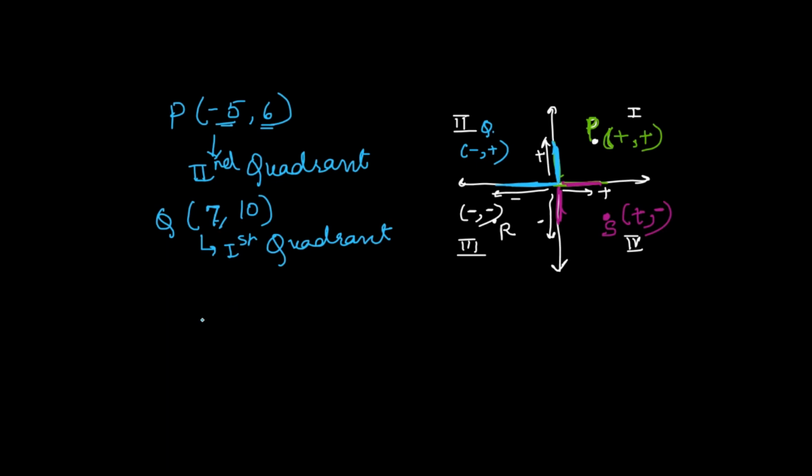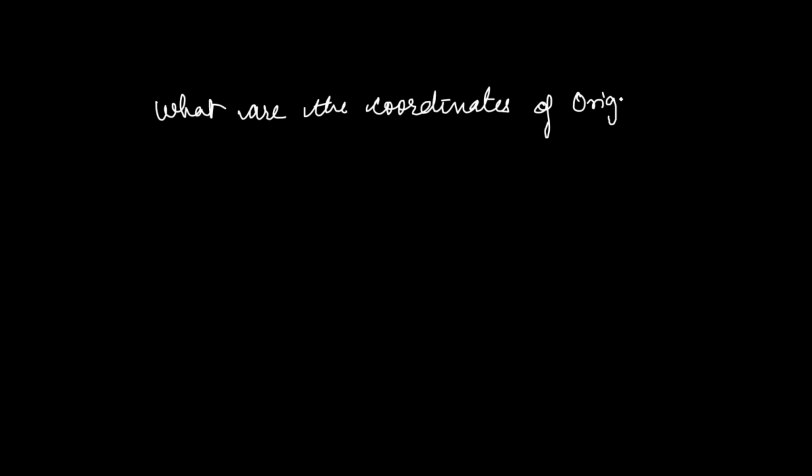Okay, so let us see some of the special points. First, what are the coordinates of the origin? We say that the origin is the point where the x-axis and the y-axis meet.